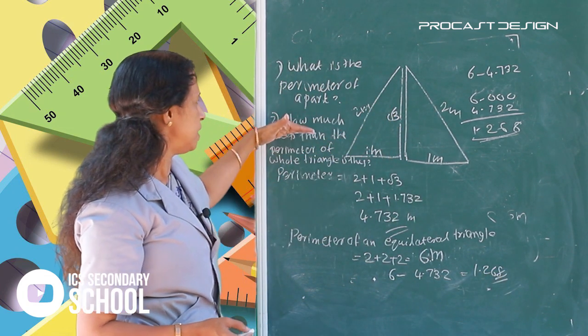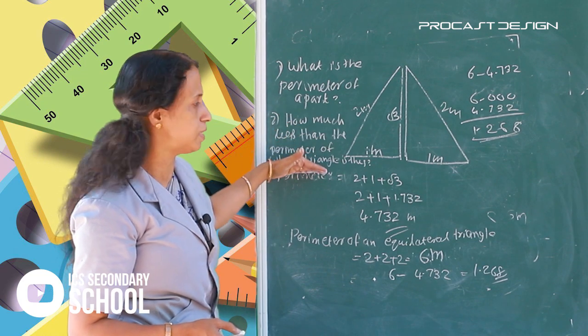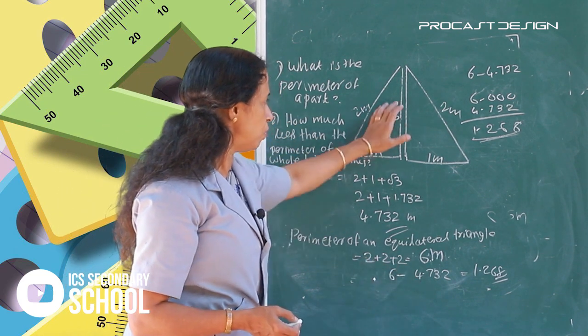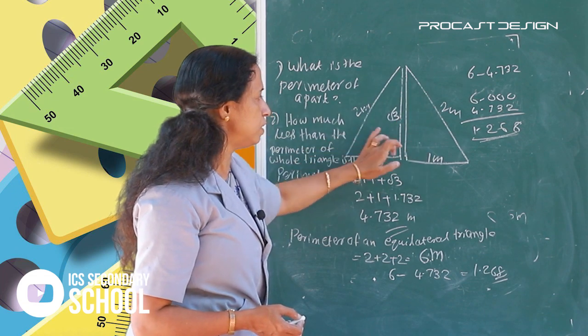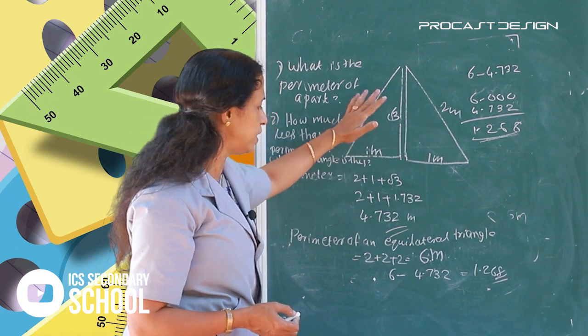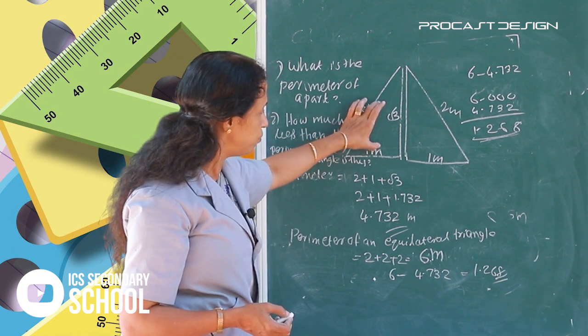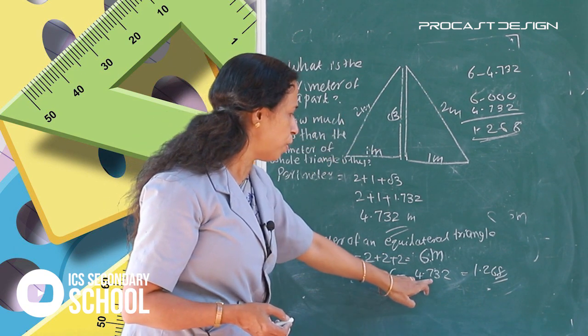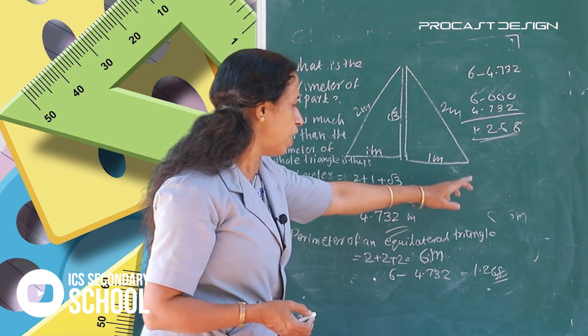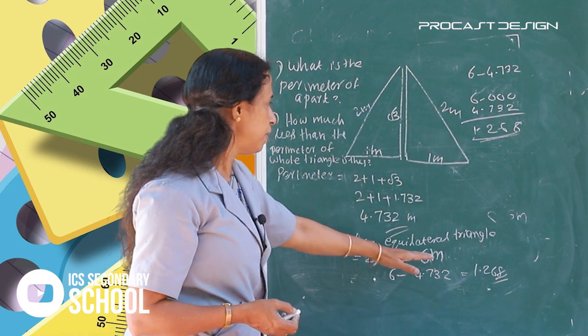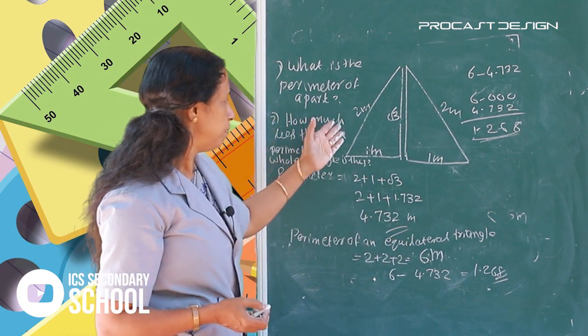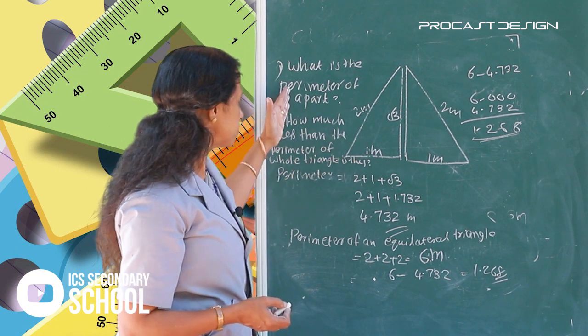How much less than the perimeter of the whole triangle is this? It is equal to 6 minus the perimeter of this part. Total perimeter of the equilateral triangle is equal to 6. 6 minus 4.732 is equal to 1.268. That is the answer. Okay.